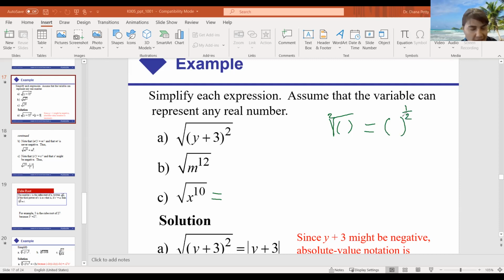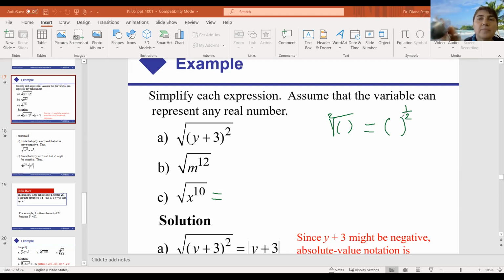Radicals are actually rational exponents. This is the best way to explain, because this is the definition. So this is the same thing written two different ways.